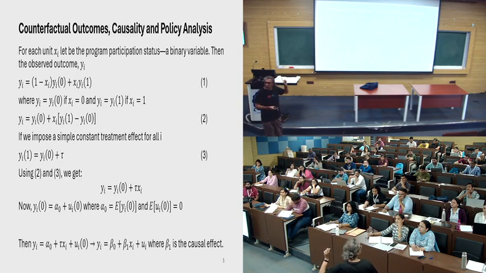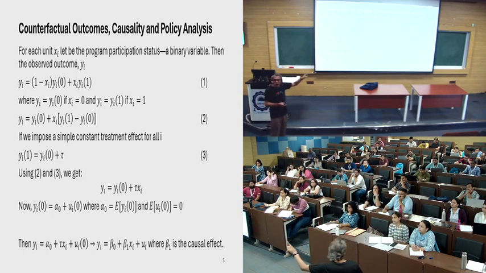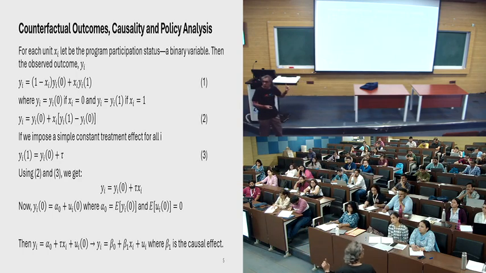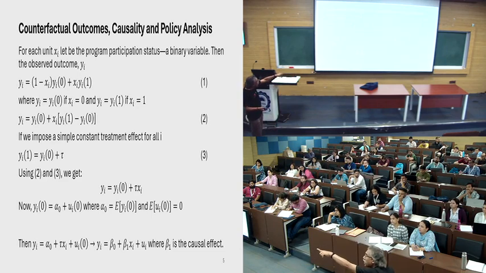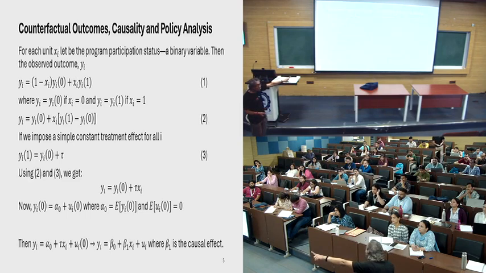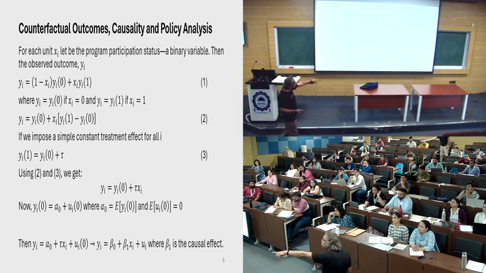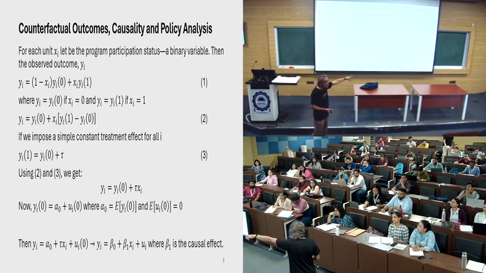Recall my definition: Yi1 minus Yi0 is nothing but my treatment effect. Hence, I substitute that by tau. Clear? Fine. Given my equation 2 and equation 3, I can write that simply as Yi equals Yi0 plus tau Xi.